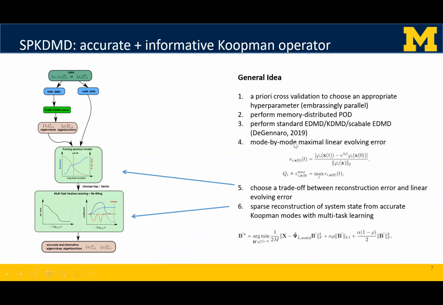Then we perform a mode-by-mode maximal linear evolution error analysis to filter out the wrong modes that didn't evolve linearly. Finally, we choose a trade-off between reconstruction error and linear evolution error. And finally, we consider a sparse reconstruction of the system state from accurate Koopman modes. Basically, those Koopman modes kept after filtering go into the following multitask learning, which is a convex optimization problem. Our code and manuscript are available online.